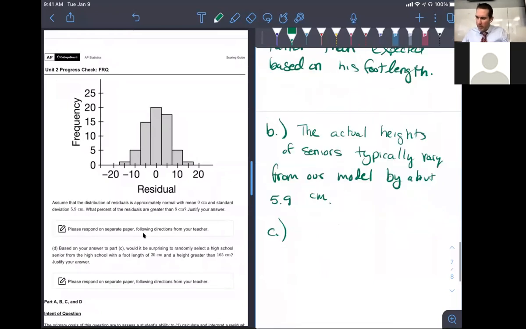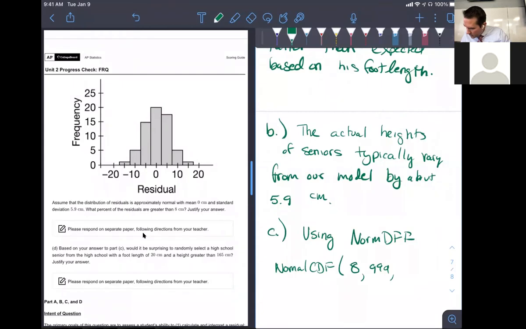Well, if this is a normal model, then we're looking for normal CDF. We want, what does it say? Greater than 8. So our lower bound would be 8. Our upper bound would be some large number. Our mean is 0.